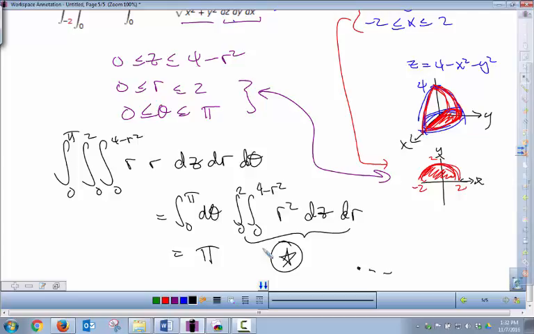Whatever that double integral is, you just multiply by pi, and then that's it. Okay?